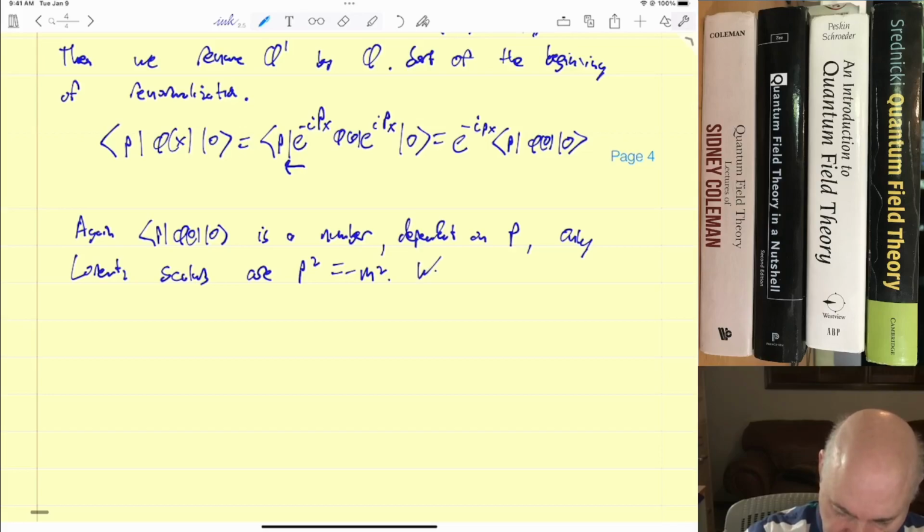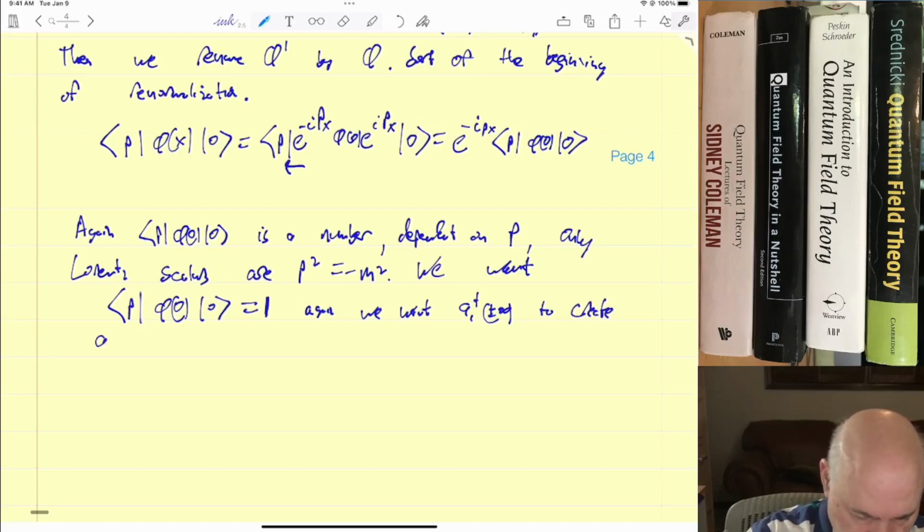Now we want this to be 1. Because we want, again, the creation operators to create a correctly normalized one-particle state.